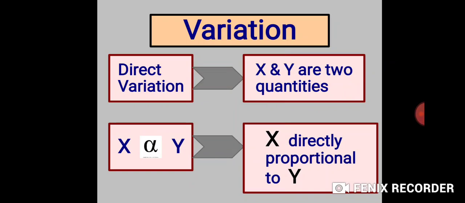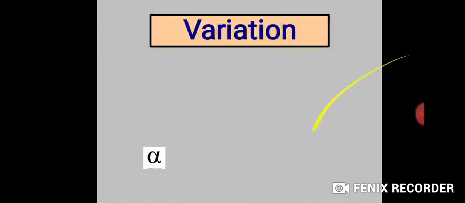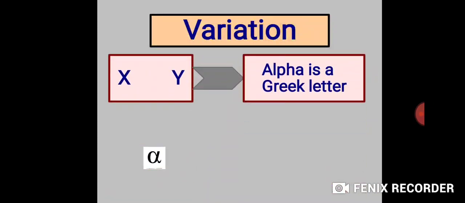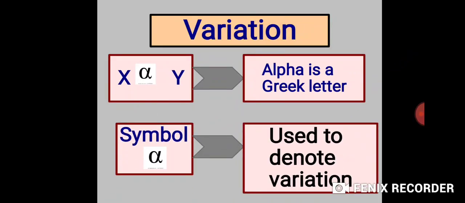It is the Greek letter alpha, and we denote variation by the alpha letter. This mathematical symbol is used to denote variation between two variables. So alpha is the symbol of variation.